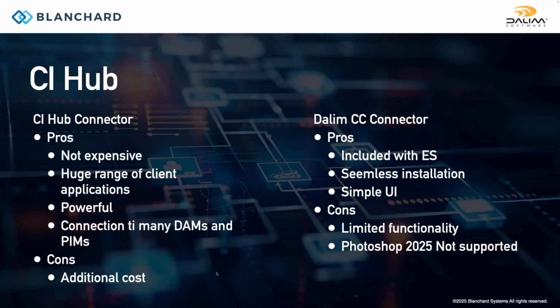So CC Connector, obviously, one of the main pros is it's free, so completely included with ES, except for the user that you're taking up logging into ES. It's a seamless installation, and it's a very simple, clutterless UI. Cons, it's limited a little bit in functionality compared to something like CI Hub, and then the Photoshop 2025 support, or lack thereof.